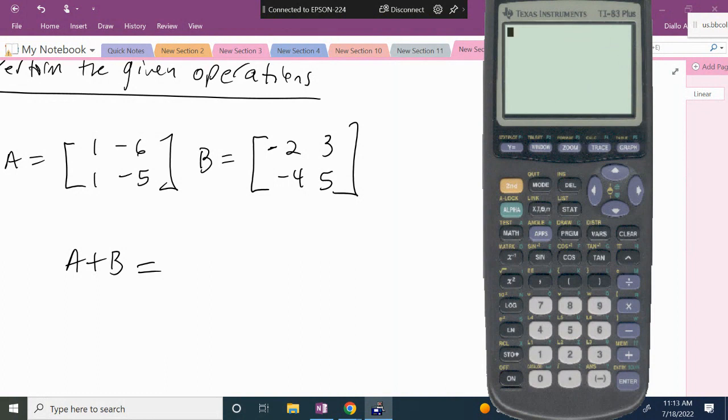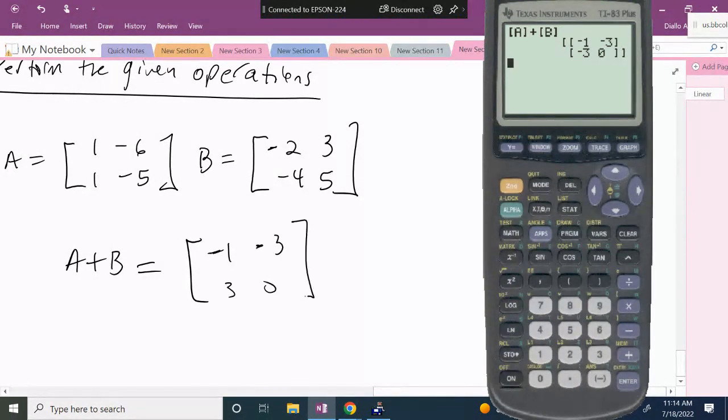So now I'm gonna recall matrix A, plus, I'm gonna recall matrix B, and I'm gonna add them together. So I'm gonna hit enter, and we have the solution. -1, -3, 3, and 0.